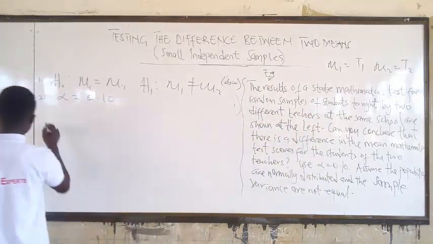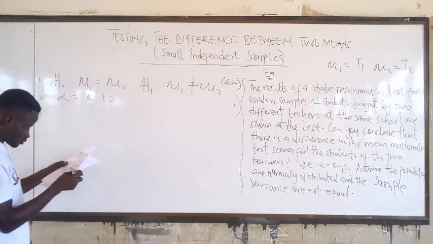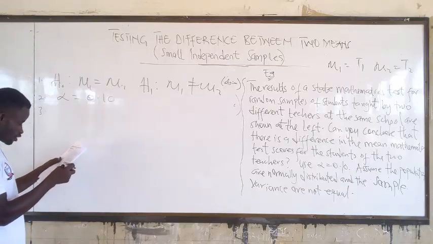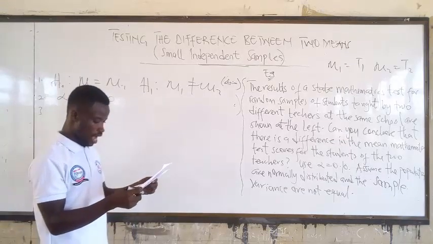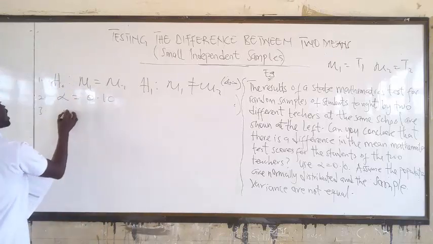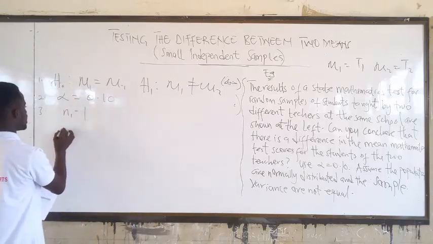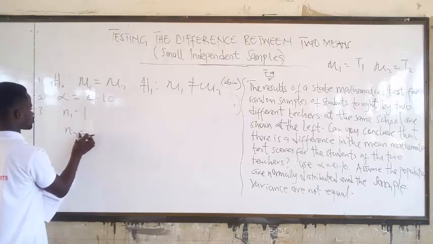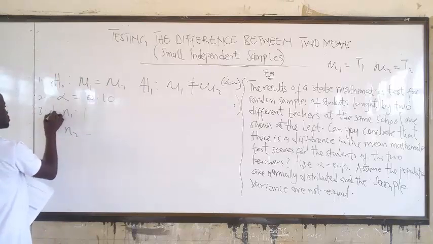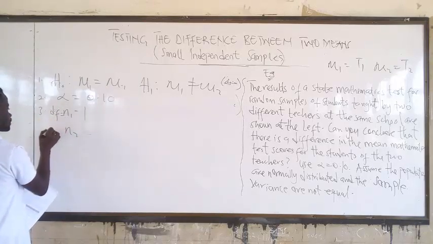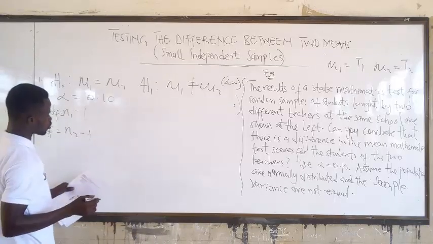So if they are not the same, that means that our degree of freedom is going to be n1 minus 1, n2 minus what? 1.